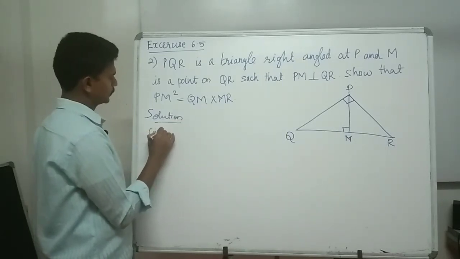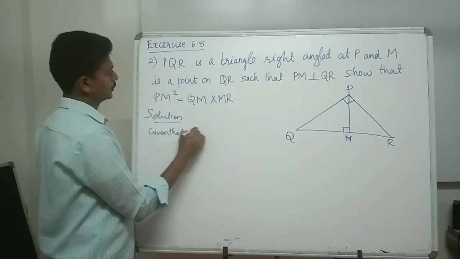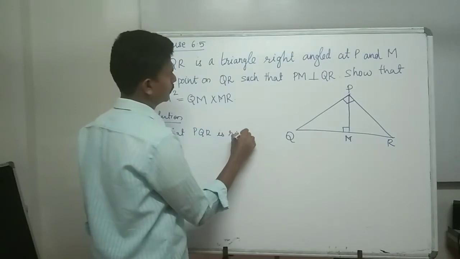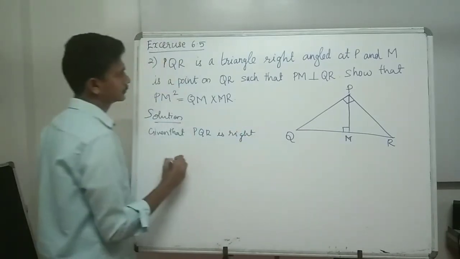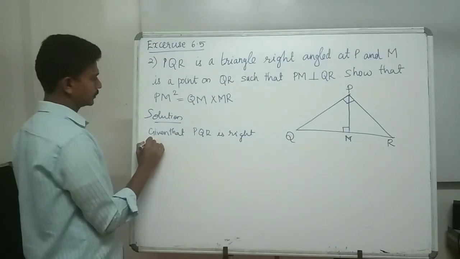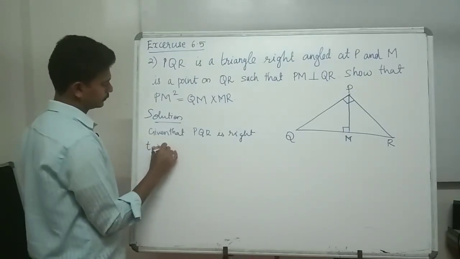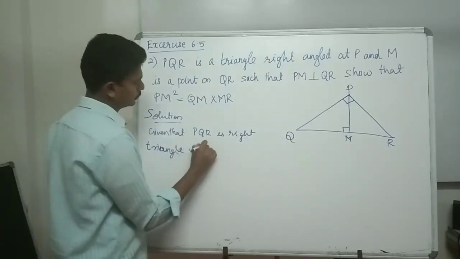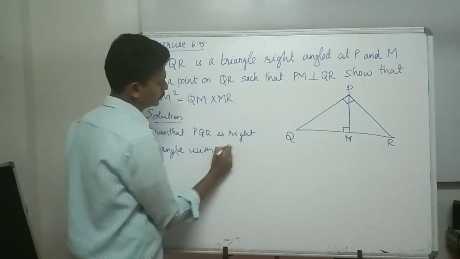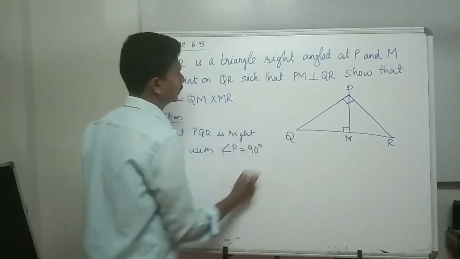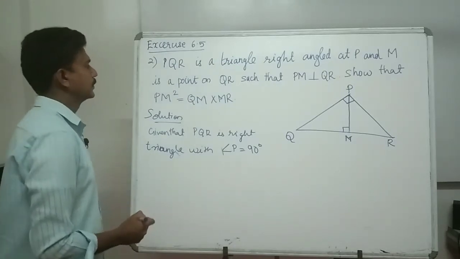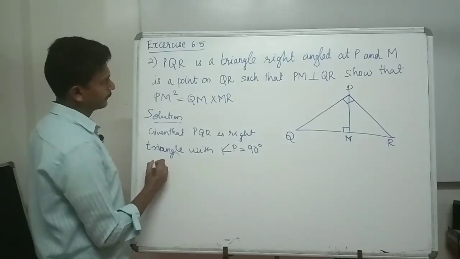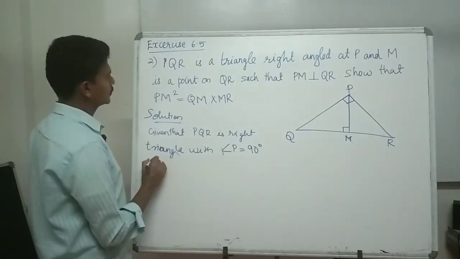So given that PQR is a right triangle with angle P is equal to 90 degrees, which means angle P is the right angle. And what else is given?